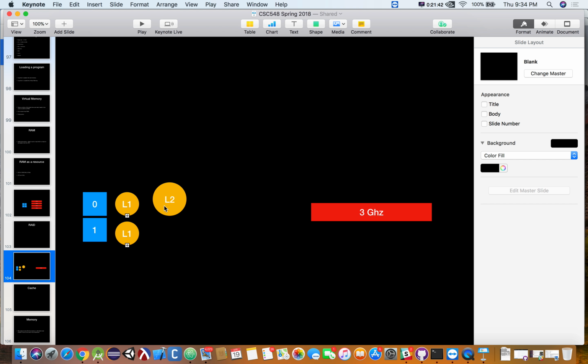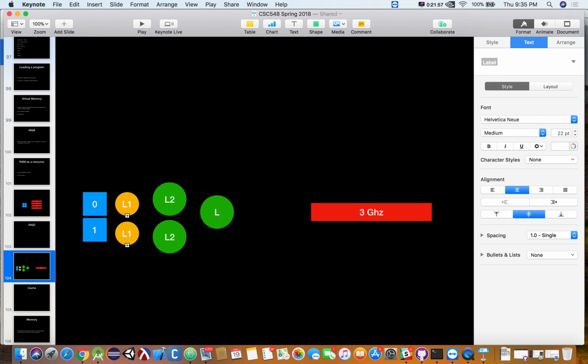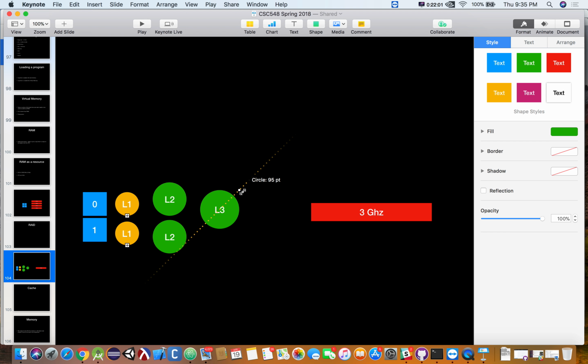I'll just take the word cache off of there, and we'll make that guy green. There's our L3.